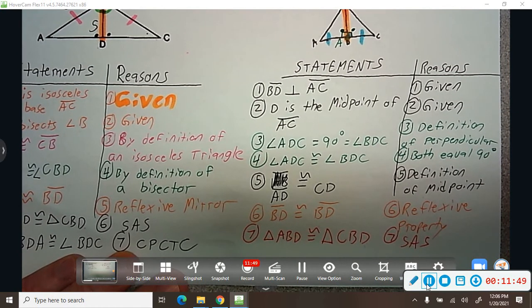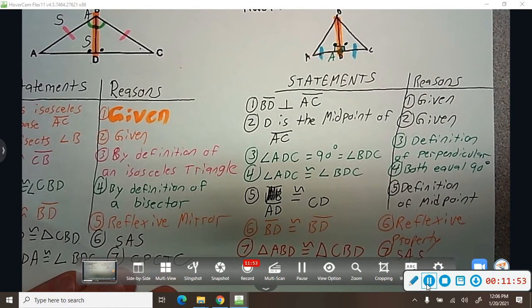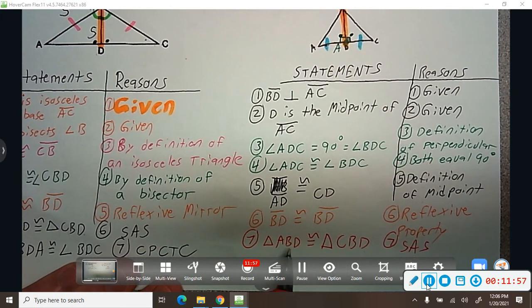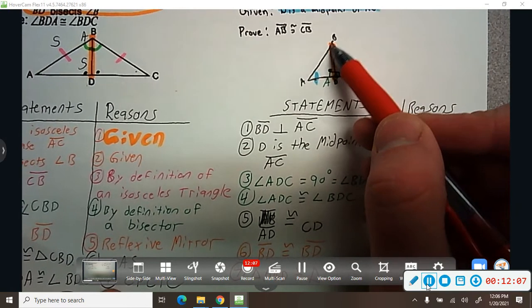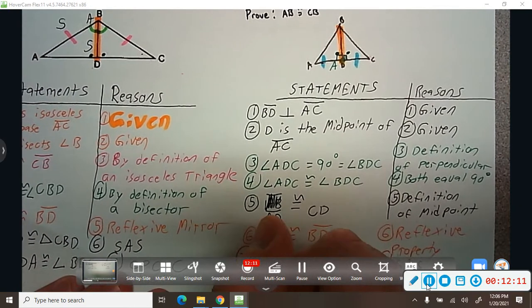And then finally, if we know these triangles are congruent, then that means the corresponding angles are congruent. So angle A equals angle C, angle B equals angle B, angle D equals angle D. And that also means that the segments, so that means that AB is congruent to BC, which is what they want me to prove.